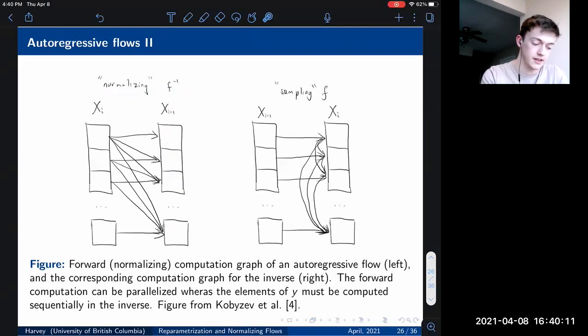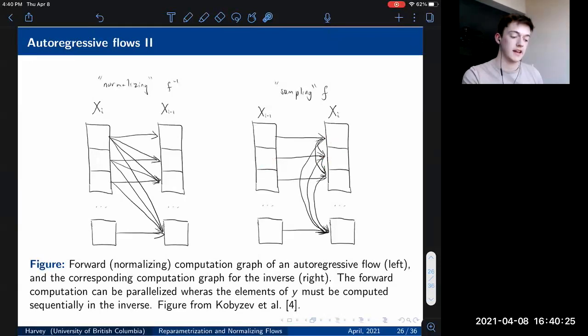Whereas if we're going in the other direction, then each element of xi depends both on the corresponding element of xi minus 1, but also on all the previous elements of xi. And that's not ideal because it means we can't compute all of these elements in parallel.